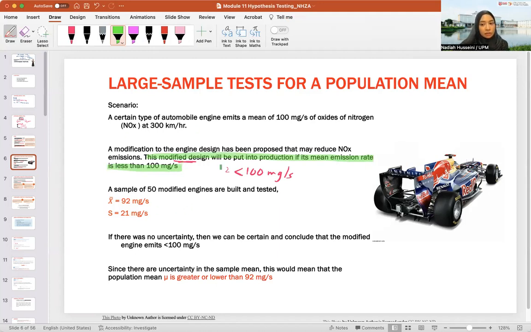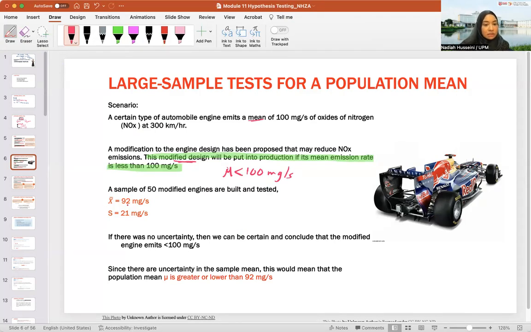We are trying to find out if our modified design will be emitting less gas versus the original design. So what we're trying to find here is the mu. We're talking about the mean, right? The mu is less than 100 milligram per second. This is what we want to find out.